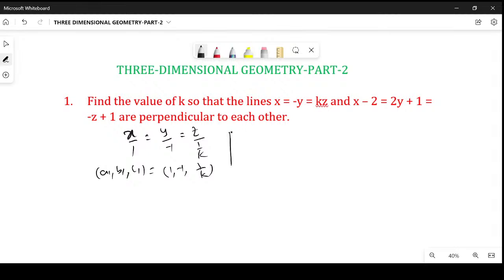The other line is given as (x - 2)/1 = 2y + 1 = -z + 1.